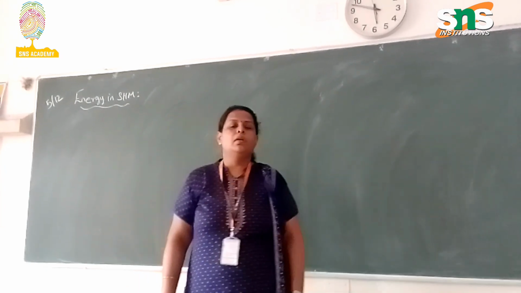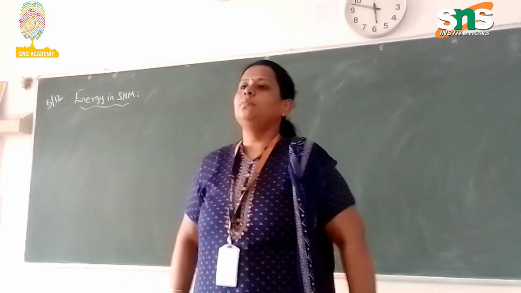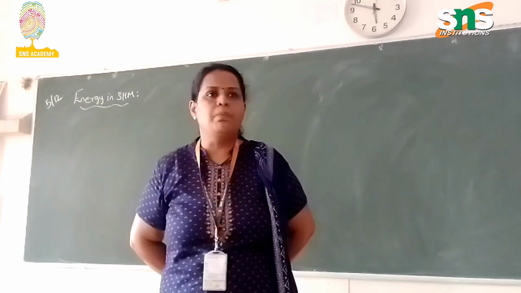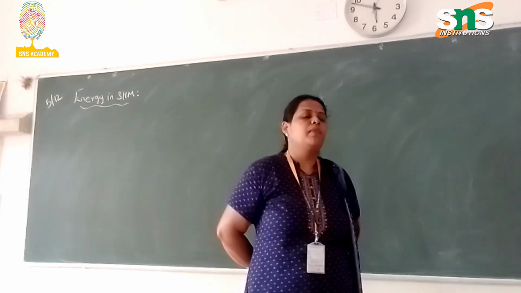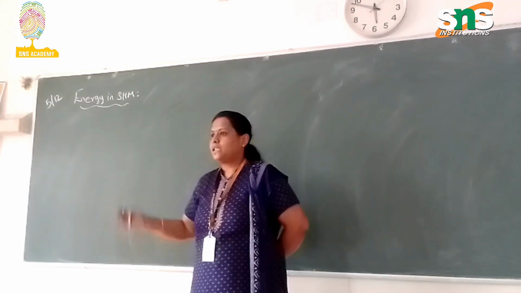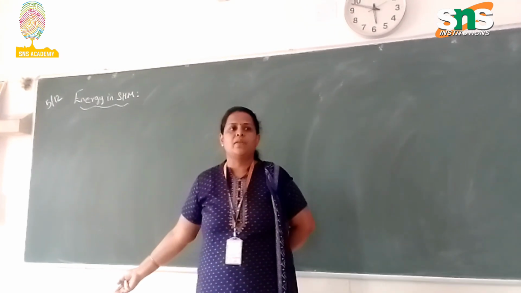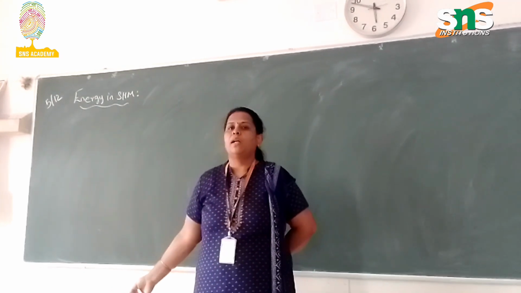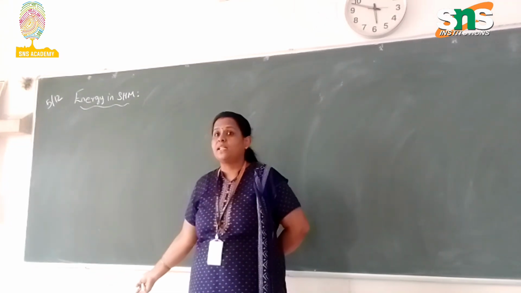Okay. So, what about velocity? These values are varying from 0 to maximum. What about velocity of a particle that is executing SHM? At its mean position, its velocity will be... Very good.